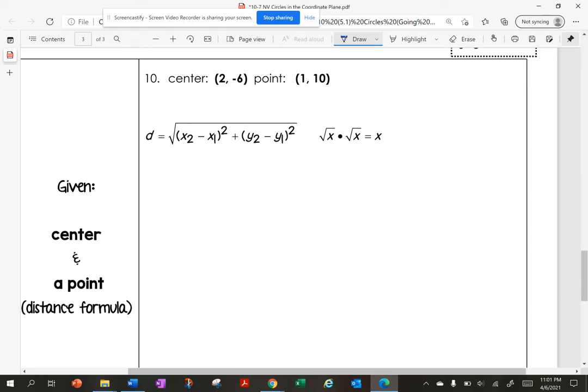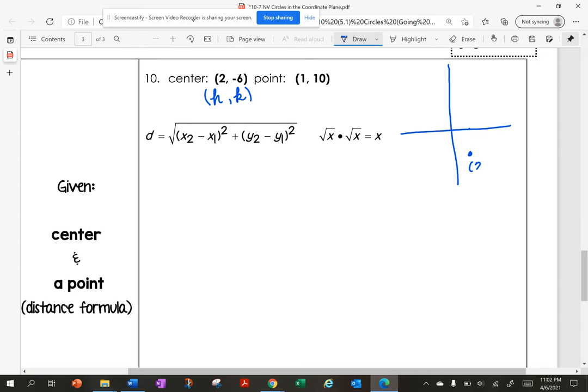Okay, this time I'm going to give you the center and a point. And I'm going to ask you for the equation. So my center is at (h, k). And I don't know the radius. So I'm going to have to calculate the radius from the distance formula. So here I'm saying my center is at (2, -6).